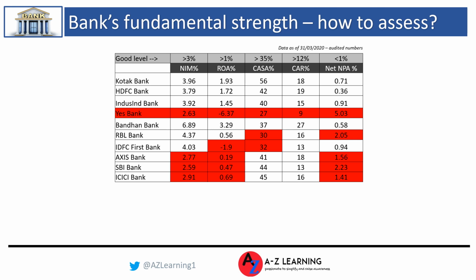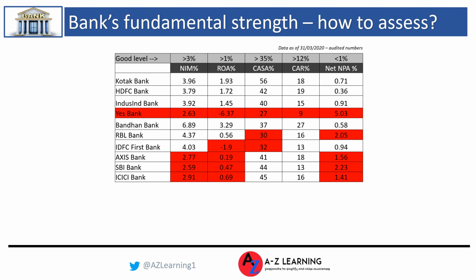So overall, you would feel that in the list of these 10 banks, Yes Bank is a complete red flag across all measures. Then there are 5 banks, RBL, IDFC First Bank, Axis Bank, SBI Bank, and ICICI Bank, which have got 2 to 3 red flags out of the 5 measures that we have used.